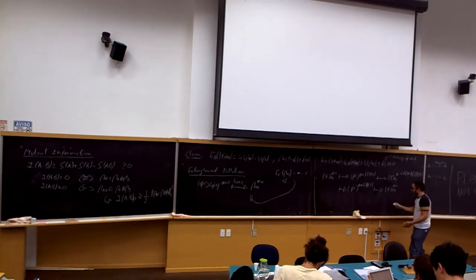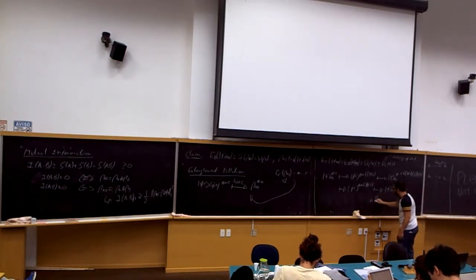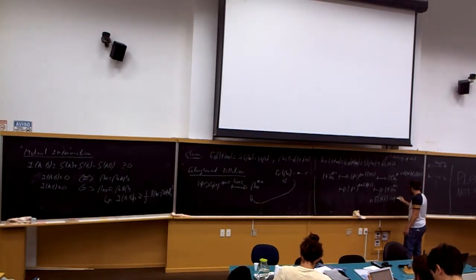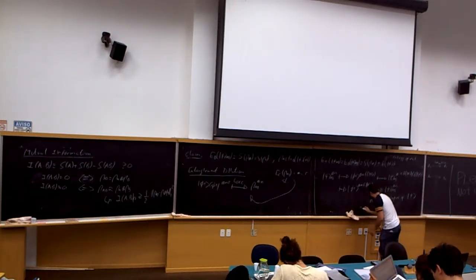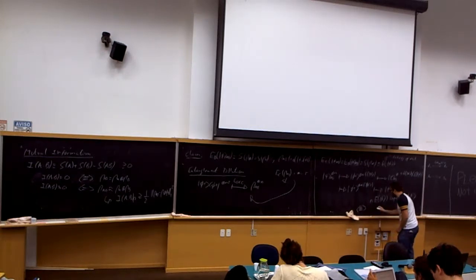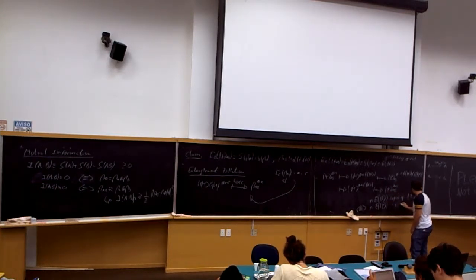So what this is saying is that n times E(psi) copies of psi, if you have LOCC, is the same resource as n E(phi) copies of phi.